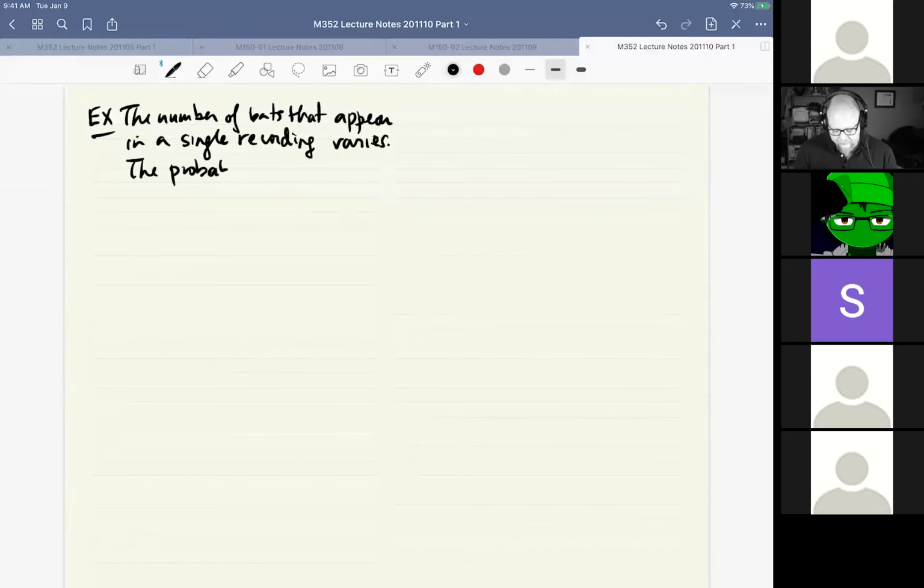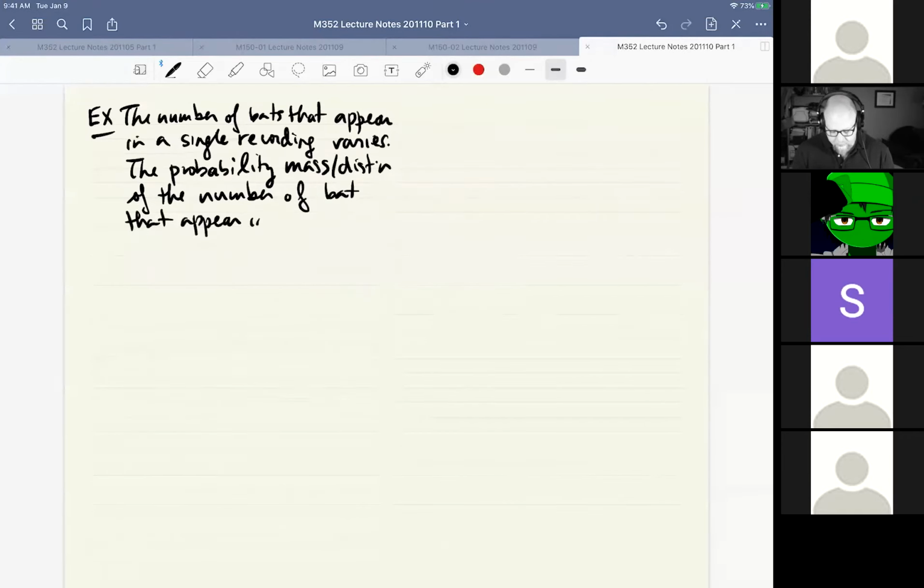The probability mass function, or distribution, of the number of bats that appear in a recording is given by the following table. If X is the number of bats, you have maybe up to 4 bats in a recording.